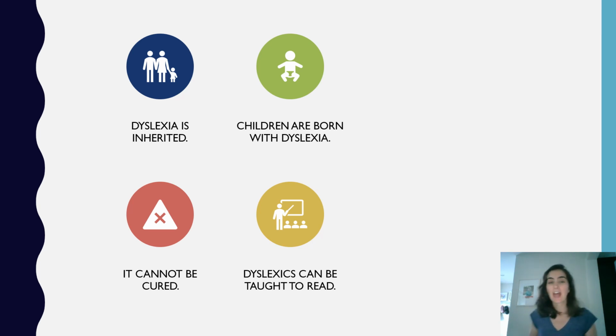The instruction they have makes a huge difference in how they can close the gap with their peers, but they're born with it. That being said, is there something we can do when children are really little to catch the dyslexia before it becomes this huge struggle?